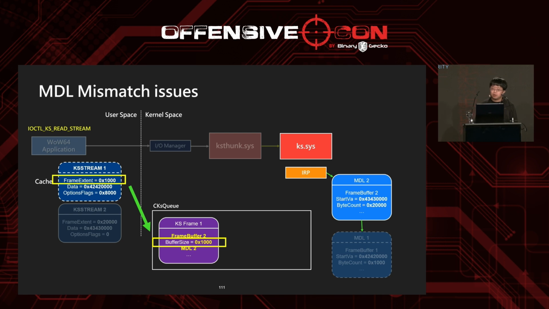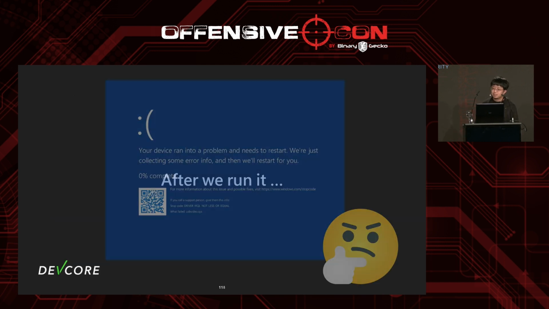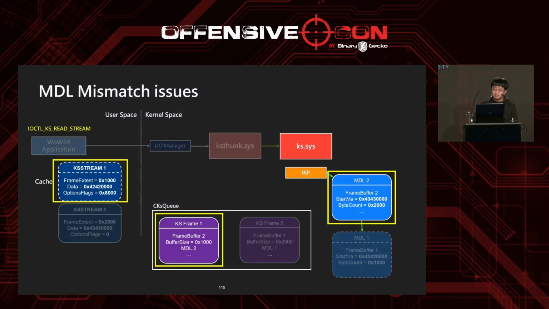As shown in this diagram, the first frame will have a size of 0x1000 stored, while the second frame will have 0x20000 stored. Did you notice the problem? After we run it, we got a BSOD. Why? The root cause of this issue is a mismatch between the cache stream header and its corresponding MDL for each frame. For instance, the first cache stream header might get paired with the MDL of the second frame.